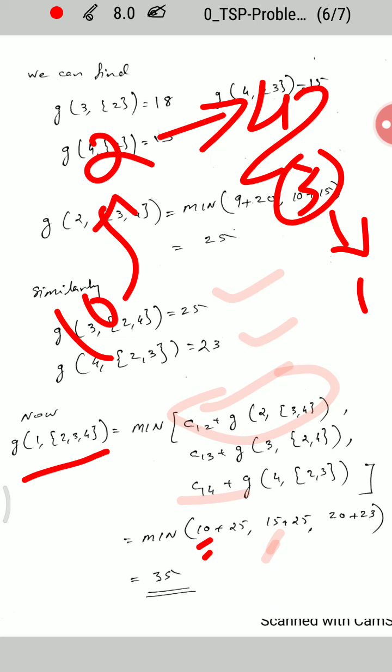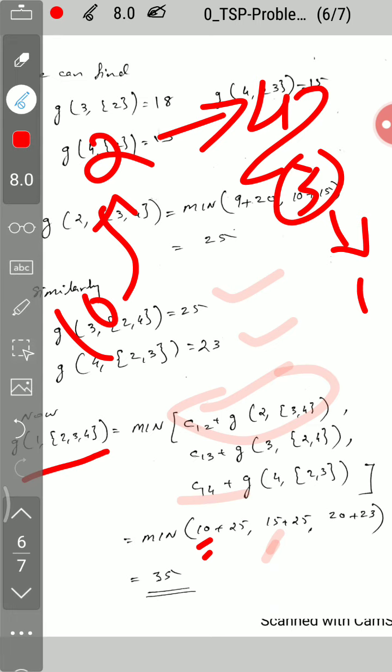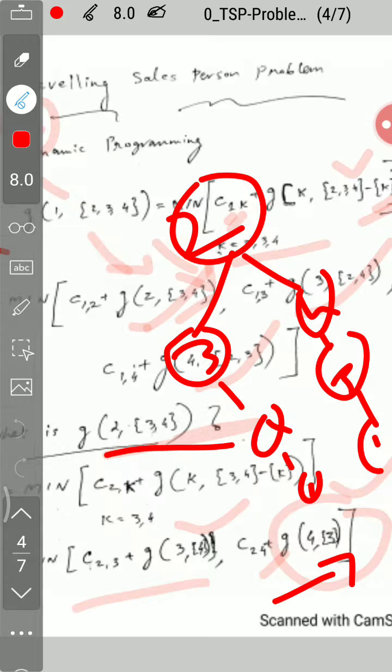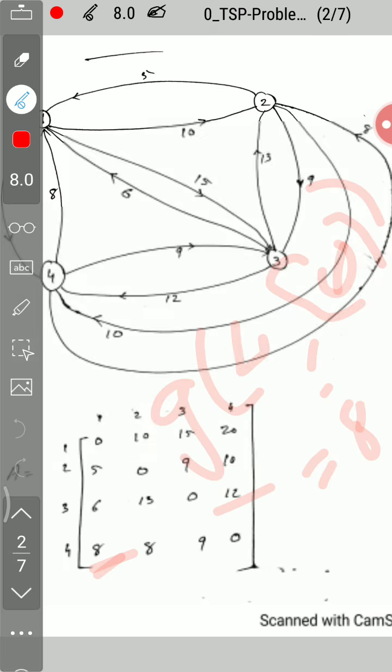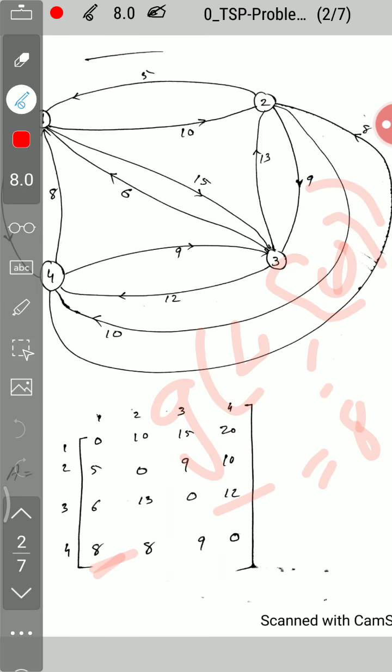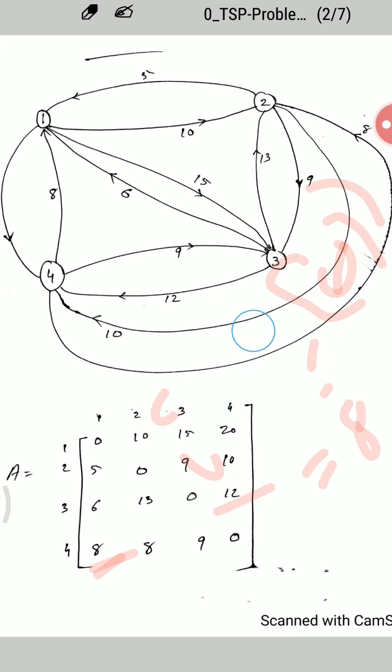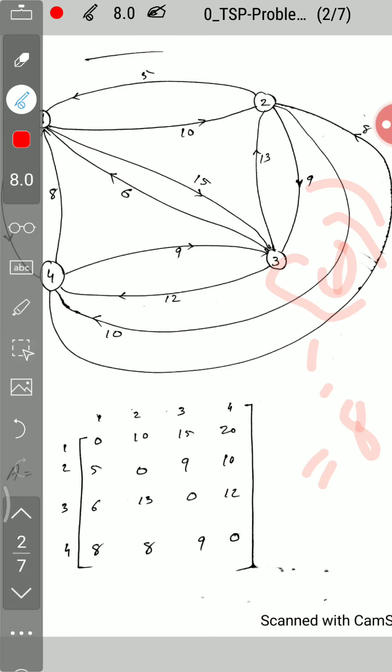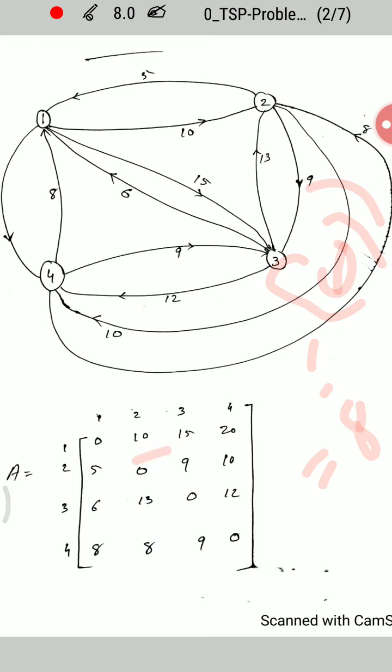Let us check the cost of these edges. 1 to 2 is 10.